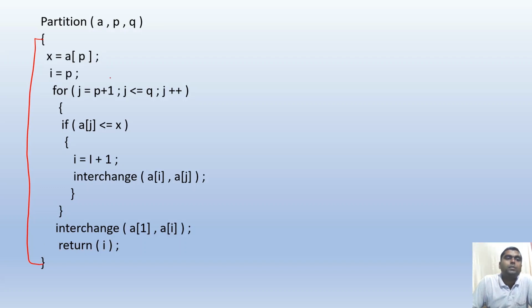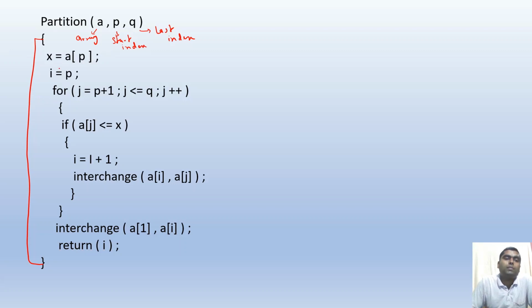Here A is the array, the given array, P is the start index and Q is the last index of the array. I will show you with the help of an example how this algorithm works.